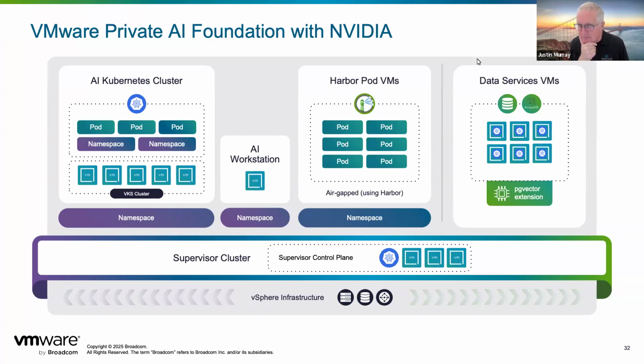The VM class has been predefined by the infrastructure people to have a particular GPU profile. That set of VM classes is set up in advance, and it's used when I'm provisioning an AI workstation or an AI Kubernetes cluster. So that's how the GPU gets attached to the appropriate VM, and we'll go through that.